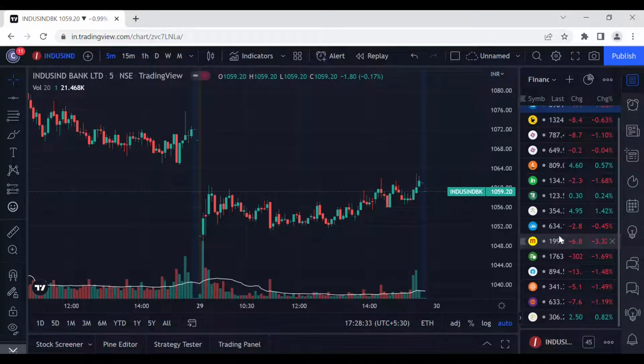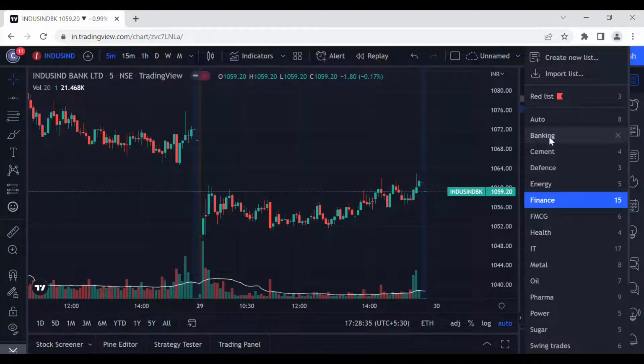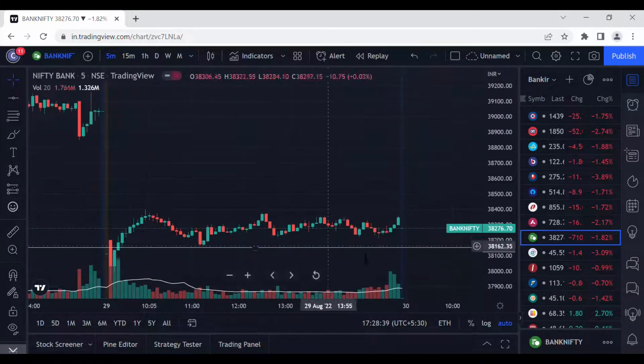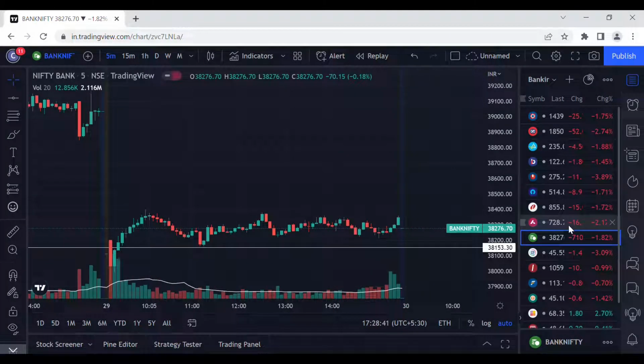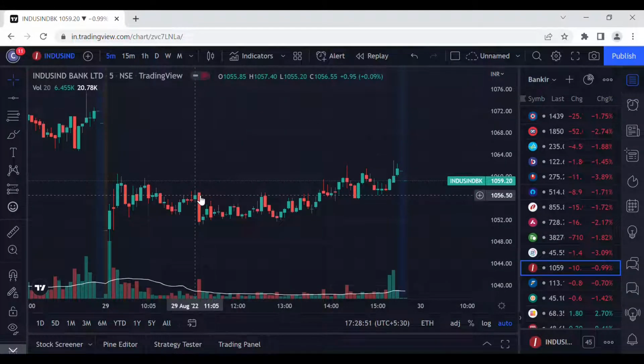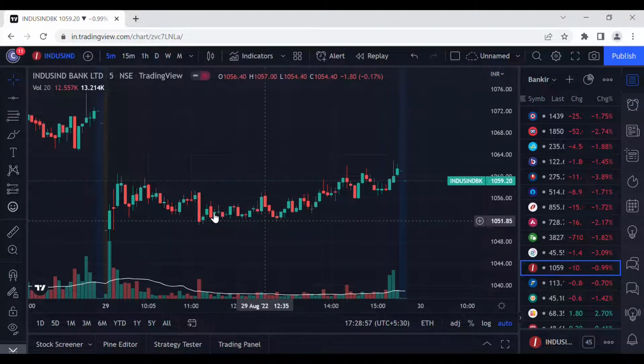If you check the banking sector, here it was completely sideways, and IndusInd Bank was also in the same phase, but I came across a good amount of volumes with good bearish candles. Because of which I went on to the short side.